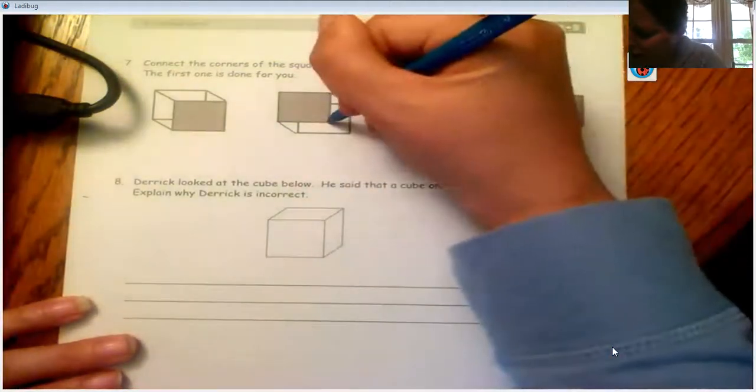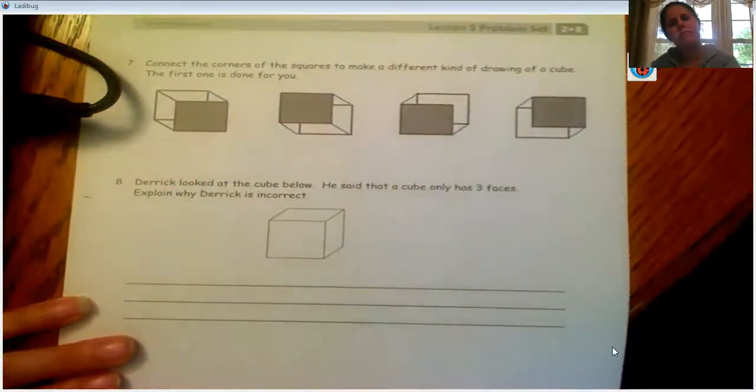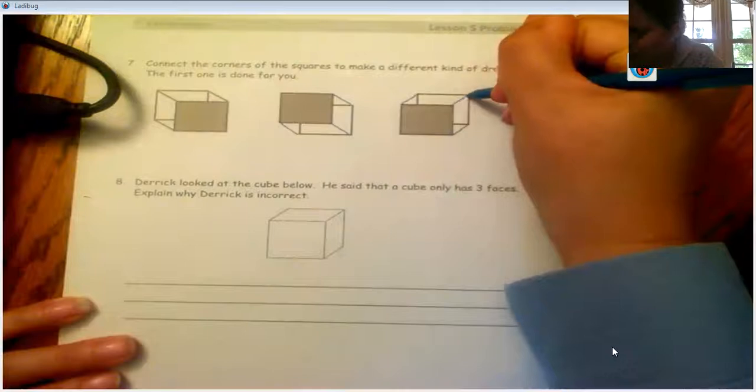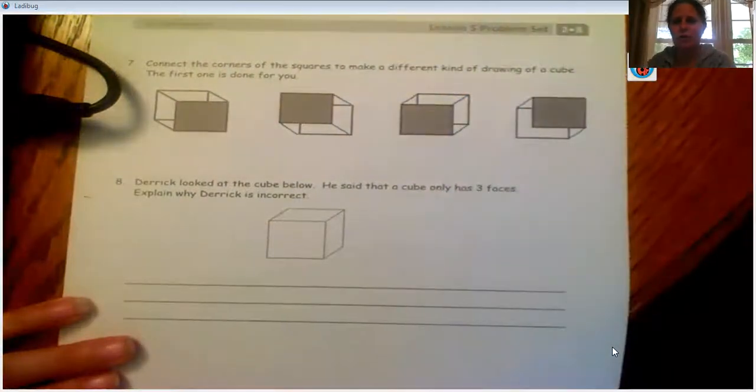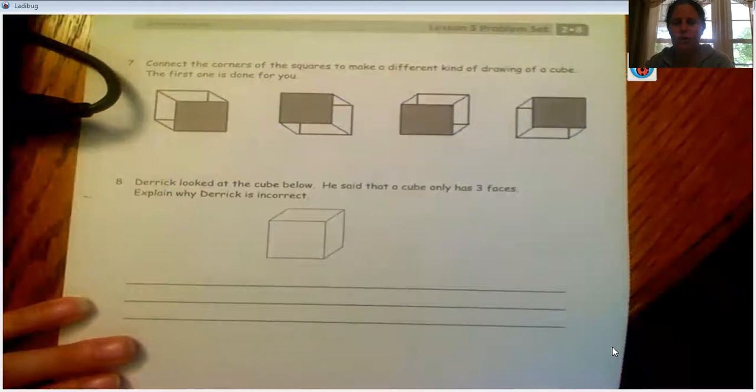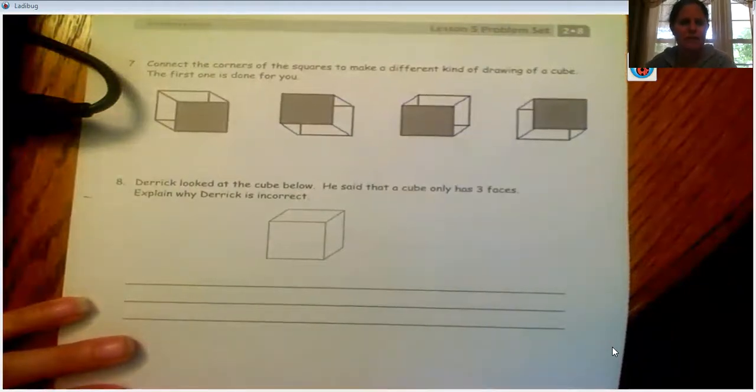We probably need to come in and connect that corner, connect that corner, and connect that corner. Okay, and there we go. That looks better. I figured there was something missing there.